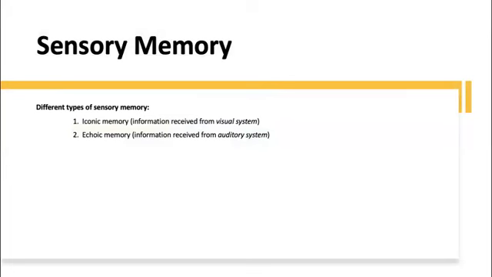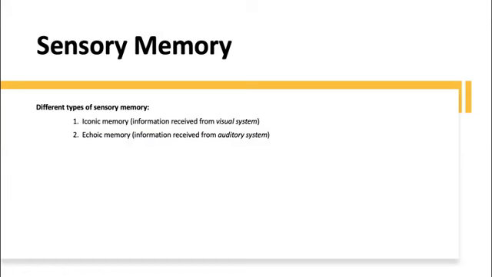Now, there are two different types of sensory memory, which remember, are sort of snapshot memories that are forgotten within 1 second. So, that is the first stage within the three-stage memory theory. The two parts of sensory memory are iconic memory and echoic memory.